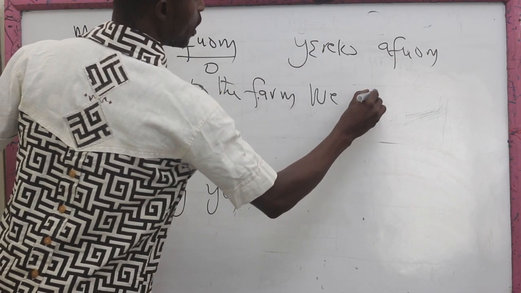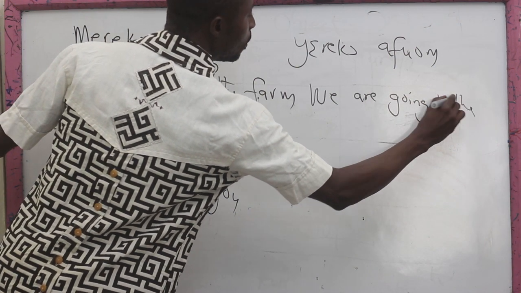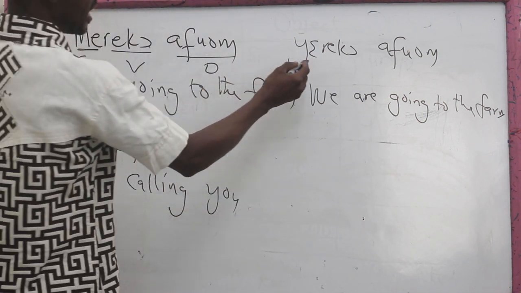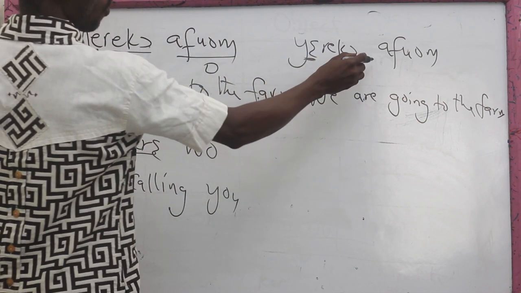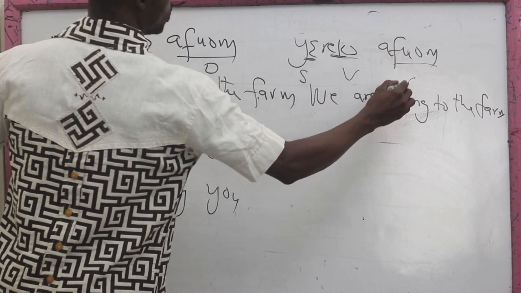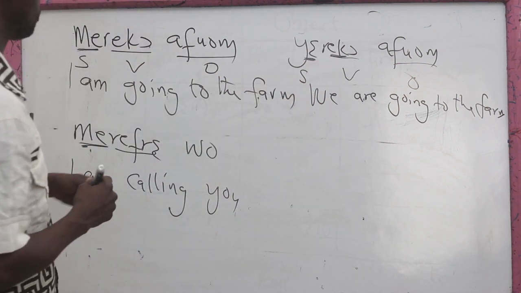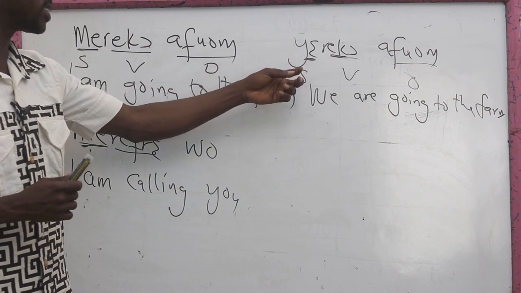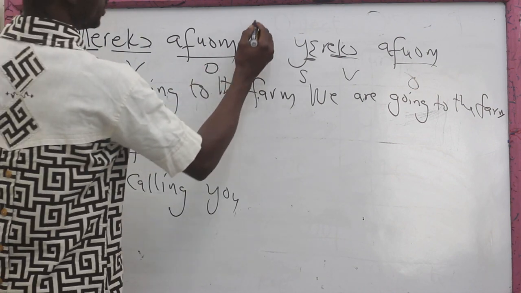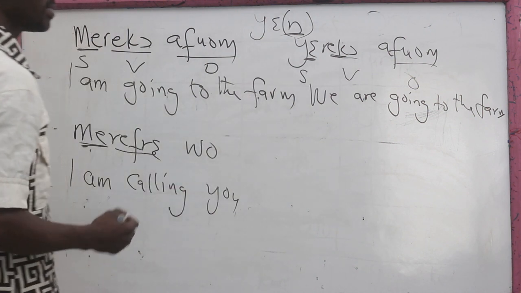We are going to the farm. Yereko. It's actually yen reko efuom. This is the subject, this is the verb, and this is the object. But as I was saying, with first person subject plural, with the yen, the n is elided. That is why in the chat I placed this in parentheses.